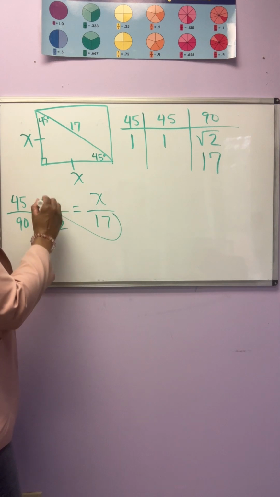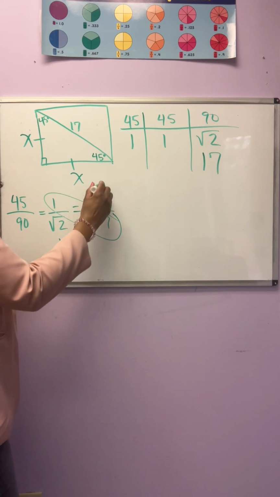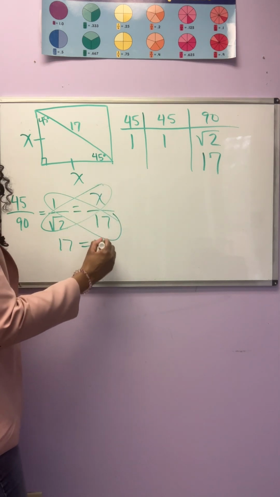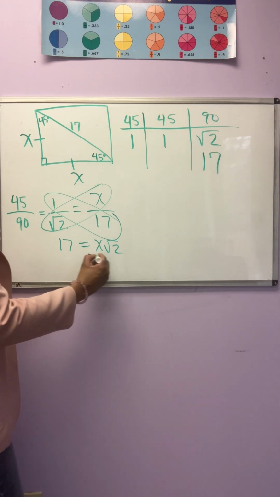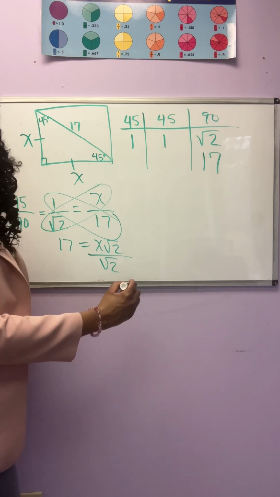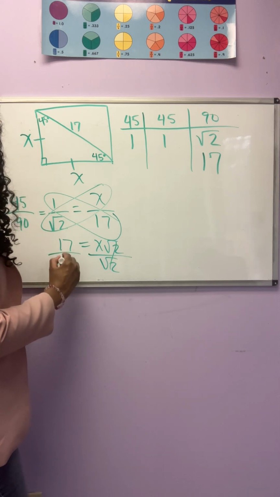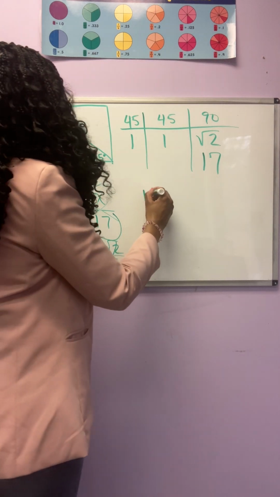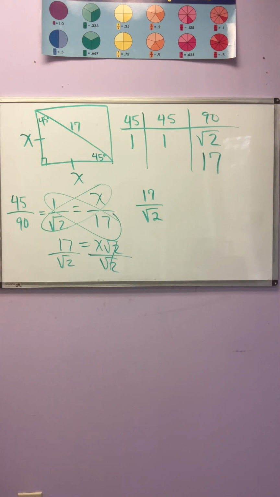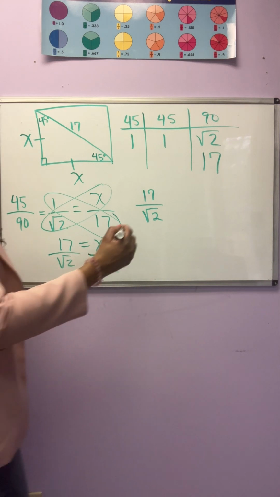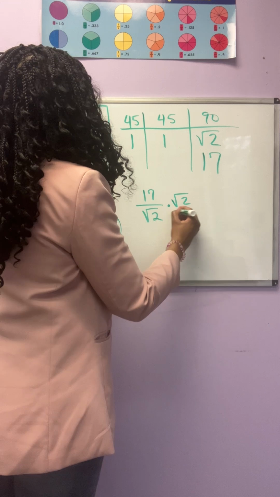Cross multiply. So we have x square root of 2. Again, we need to isolate our variable, so divide by square root of 2. So we have 17 over square root of 2. But we need to rationalize our denominator. So in rationalizing our denominator, we have square root of 2 over square root of 2.